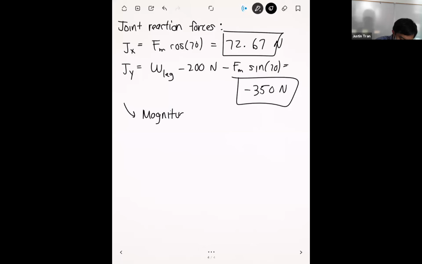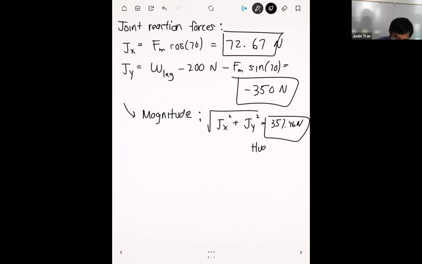Remember, these two are just components of a single joint reaction vector. So you take the square root of Jx squared plus Jy squared. And what you get is 357.46 newtons. This is also a huge reduction from before.